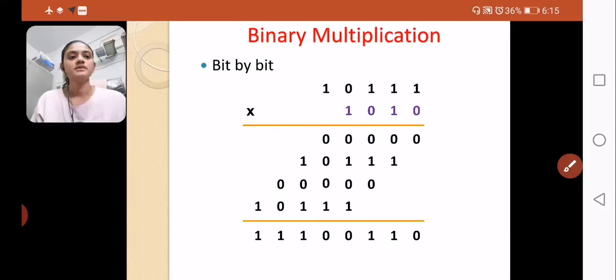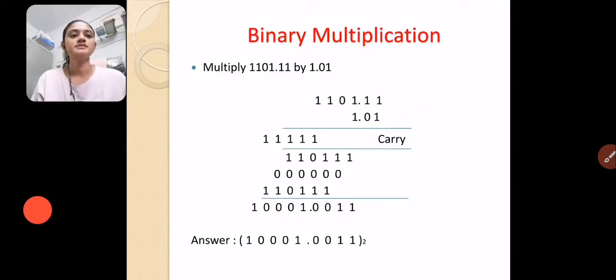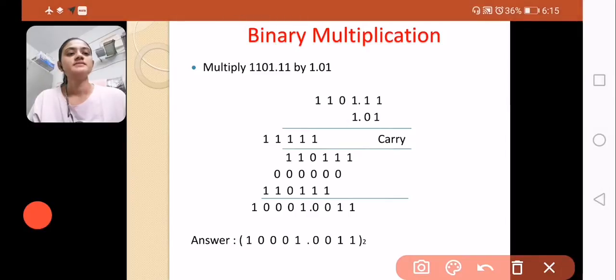Now suppose any decimal point multiplication is given, fractional multiplication is given. So how will you do it? Let us take its example. So first, as I have said, match the decimal points of these two numbers.